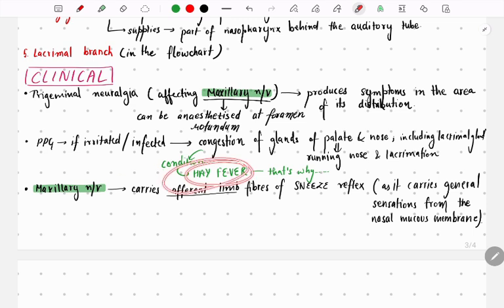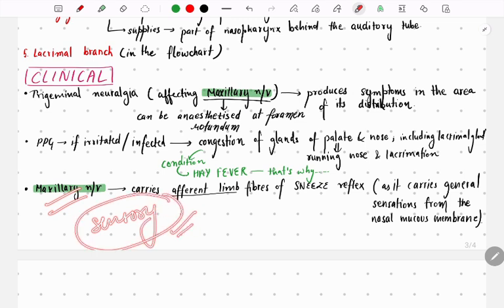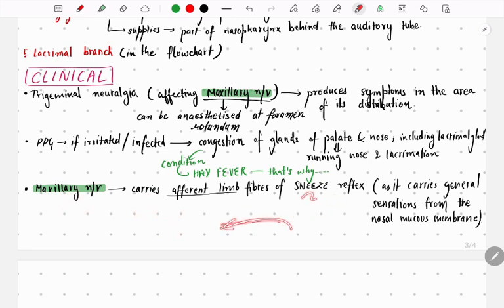That is hay fever. That's why we call it the ganglion of hay fever, which I said at the start of this video. Then the maxillary nerve carries the afferent limb fibers of the sneeze reflex. See, the maxillary nerve is sensory. It gives sensory fibers, right? So the sensory fibers carry these fibers for the sneeze reflex.